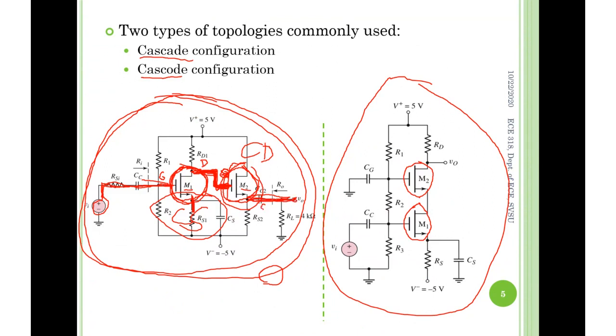This is a source. The input gate, output source. This is what? Common drain. The third one left is the drain. Same thing applied here. Now, M1 is what? And what's the reasoning?